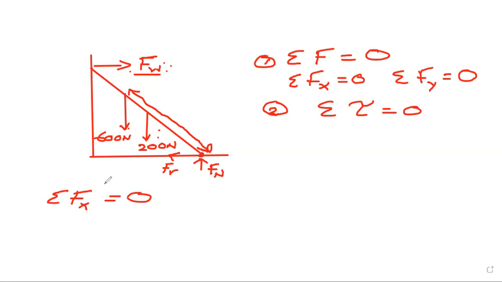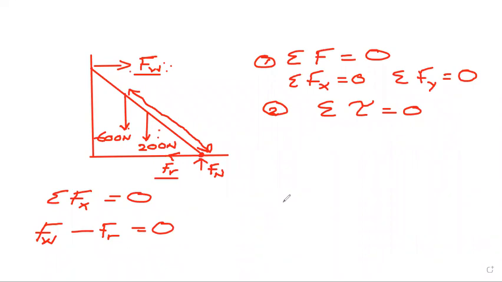So that force will be a positive force, minus this frictional force here, which is pushing to the left. This is a negative force because it is pushing to the left. So the frictional force carries a negative sign, and this should be equal to 0. So if we add these two forces, they should give us 0.